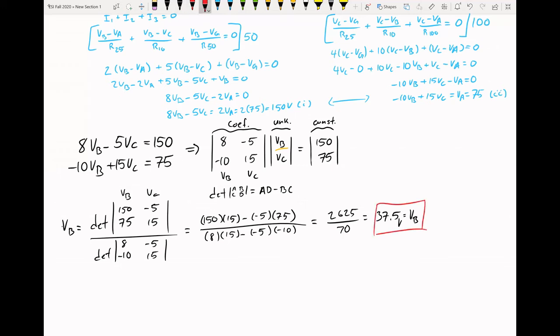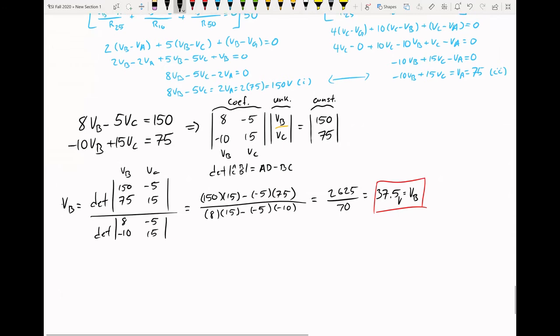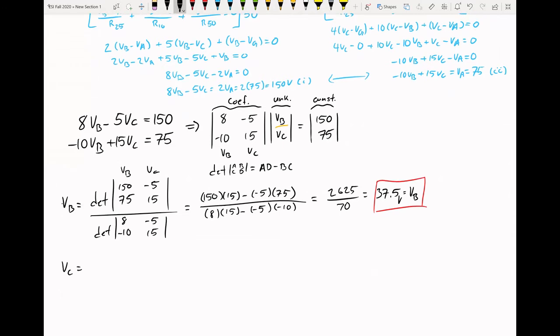Okay, and at this point you have the option of just going and plugging that into one of those two equations. Well, we're just going to continue on with Cramer's rule. So if we did V of C again, so determinant of, now this would be 8 minus 10 over 150, 75, over determinant of 8 minus 10 over -5 over 15. Okay.